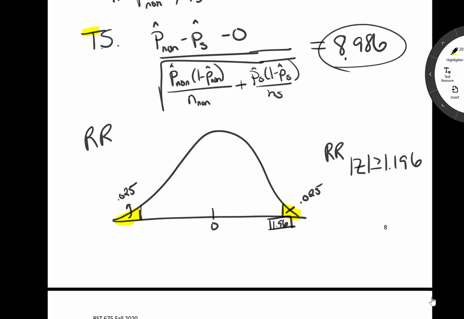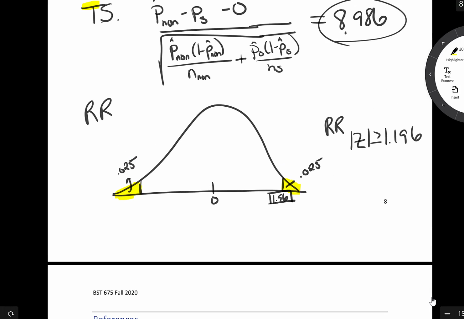Whether you use the rejection region or the p-value, you end up with the same conclusion, but being able to work very fluidly and having a deep understanding of what's happening in these sampling distributions, that's your real aim here, especially for this course. Not so much just can you get through these calculations, but can you see where these are coming from and how they're related to the sampling distribution.